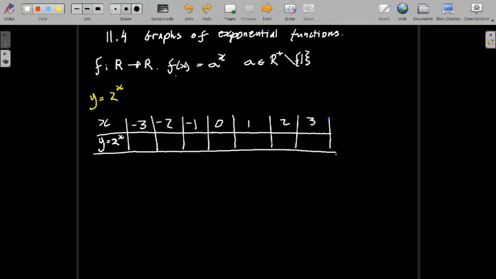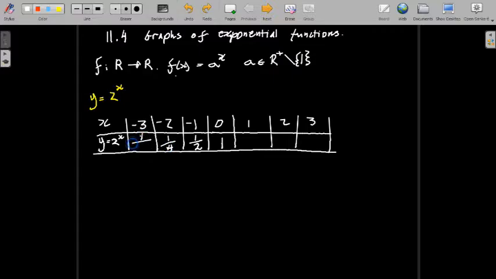So at 0, 2 to the 0 is 1. At minus 1, we get 2 to the power of minus 1, so it's 1 over 2. 2 to the minus 2 is going to be 1 over 2 squared, which is 1 over 4.